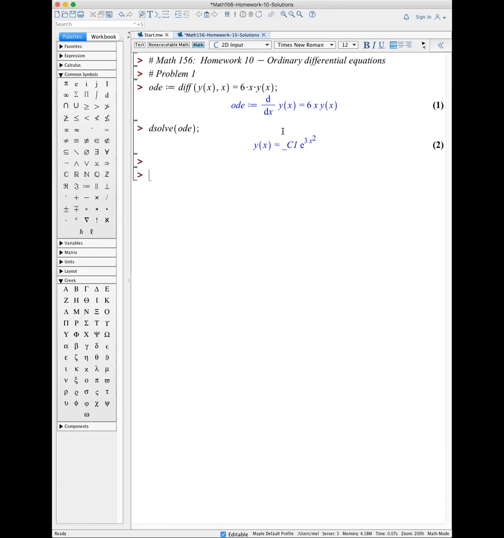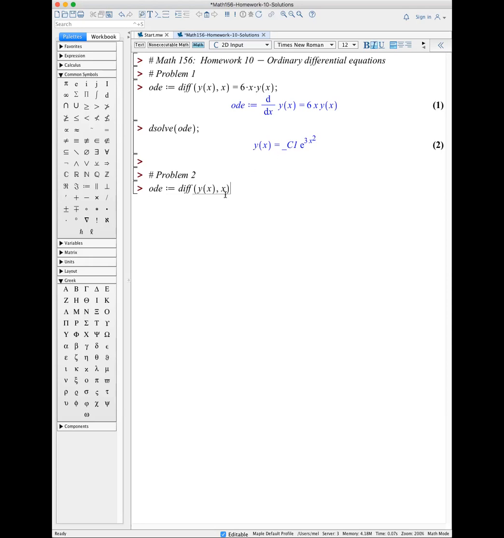Suppose you have a differential equation with an initial condition. That's what's in problem 2. I don't have to call it ODE; you can name it anything, I can call it George. The derivative is expressed as the derivative of y of x with respect to x.